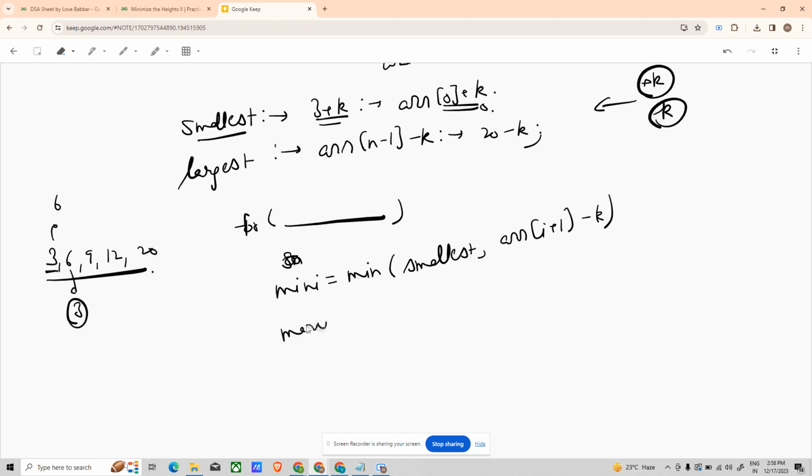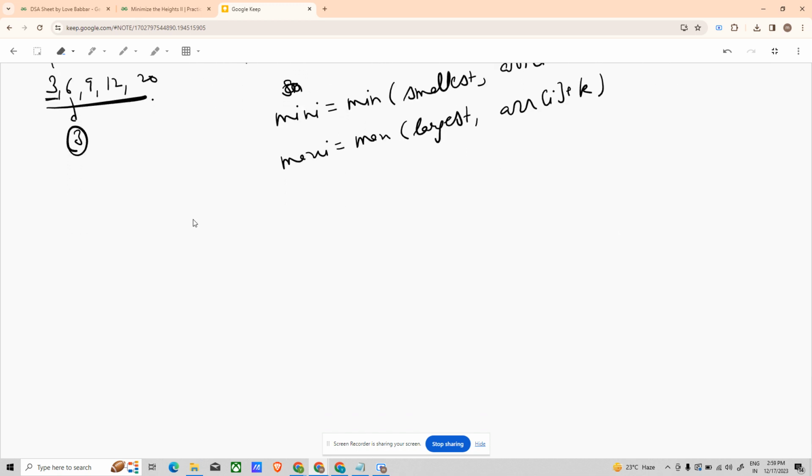And maxi equals the maximum of largest and adding k to the ith index. Understand, it's a deep point here. The array given to us was 3, 6, 9, 12, 16, 20. We were able to achieve 20 minus 3, 17 at any cost.